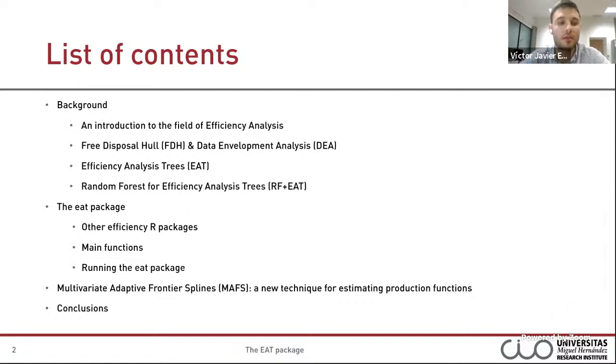Second, we will show the main functions of the EAT library. Specifically, we will illustrate the functionality of the library through some examples made with a database provided in the package. Third, we will introduce a new technique in development called Multivariate Adaptive Frontier Splines. And finally, we conclude.